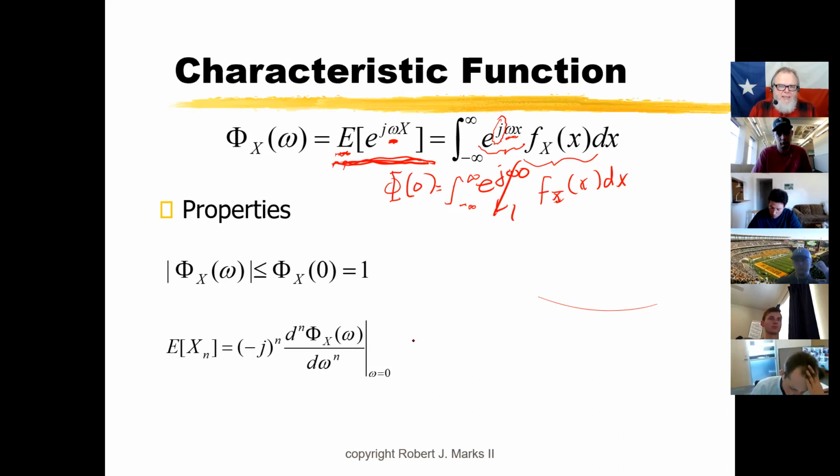So the value of the characteristic function at the origin is always 1. There's another cool thing in that we can use the characteristic function to generate moments.